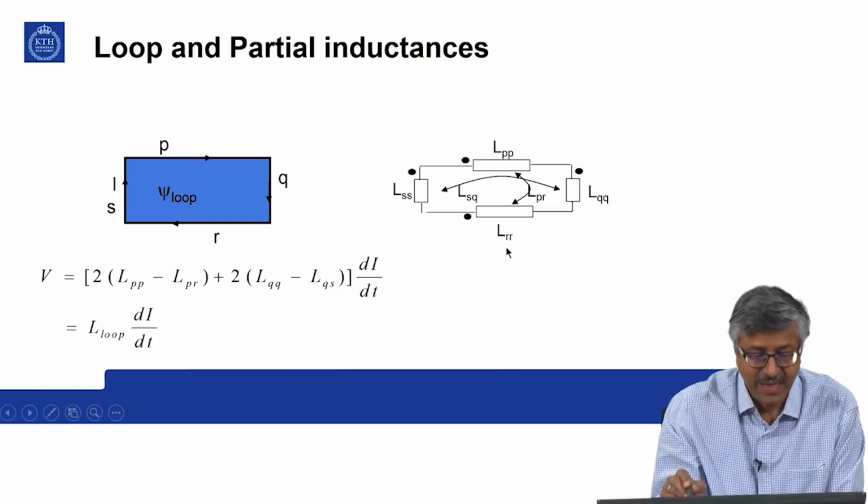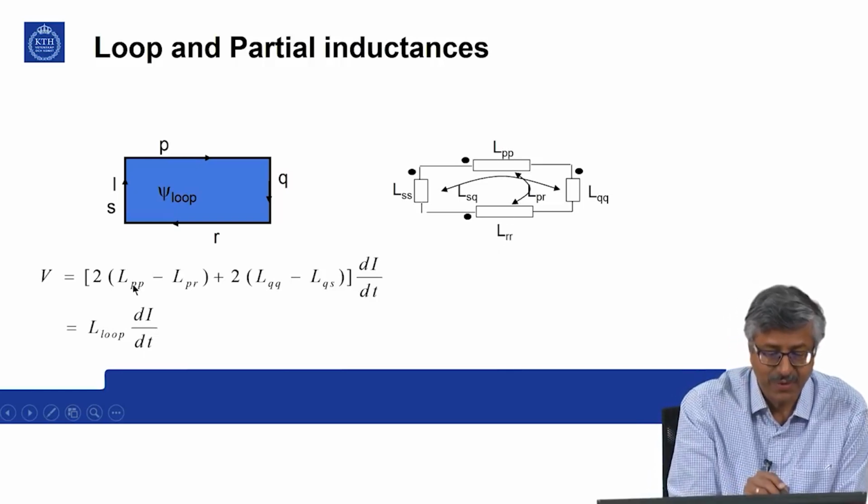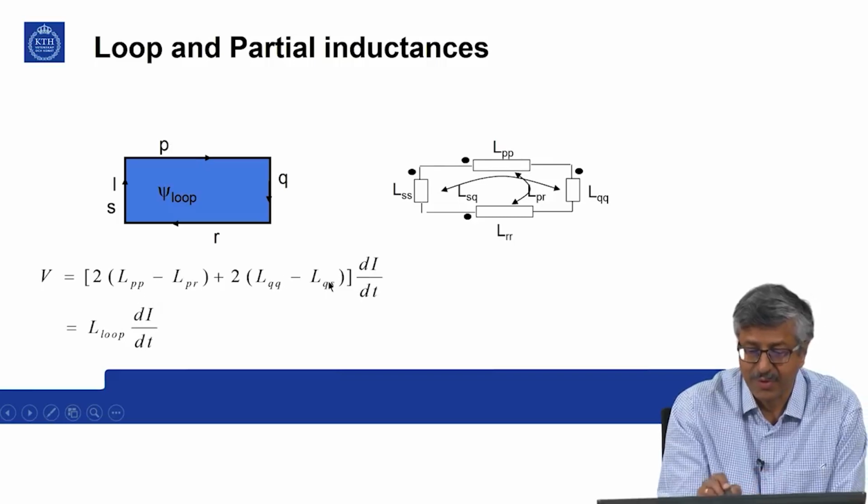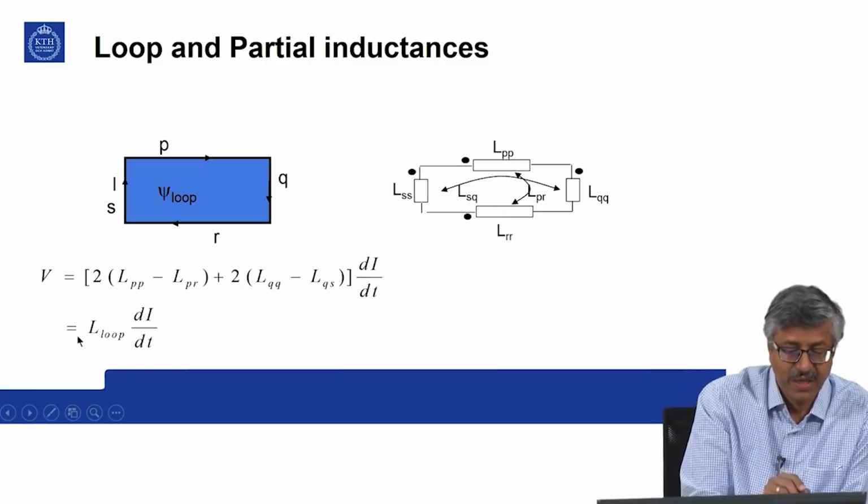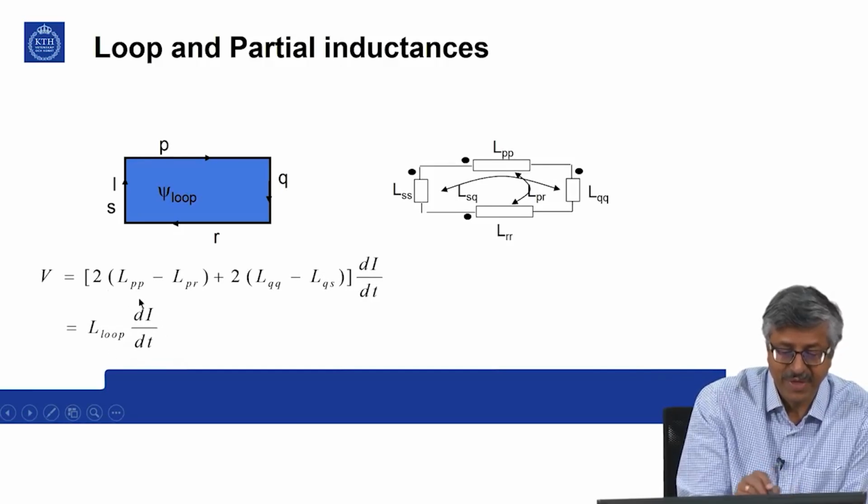LPP and LRR are the same. So, that is why you have the factor 2 over here, because in either way it is the same one. So, you get loop inductance times di by dt. So, you can write it in this way.